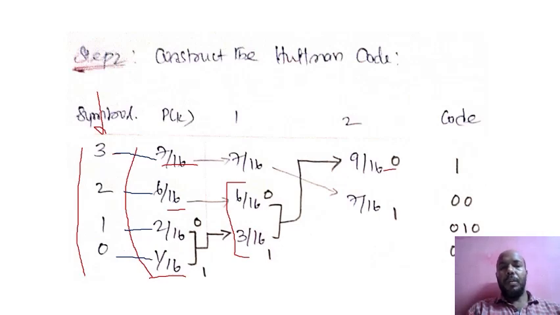After multiple additions, only one symbol is coming here. So 7 by 16, which is actually from symbol 3, what we coded is 1. So symbol 3 is coded by a single bit, 1. Now 9 by 16 has the binary value of 0.